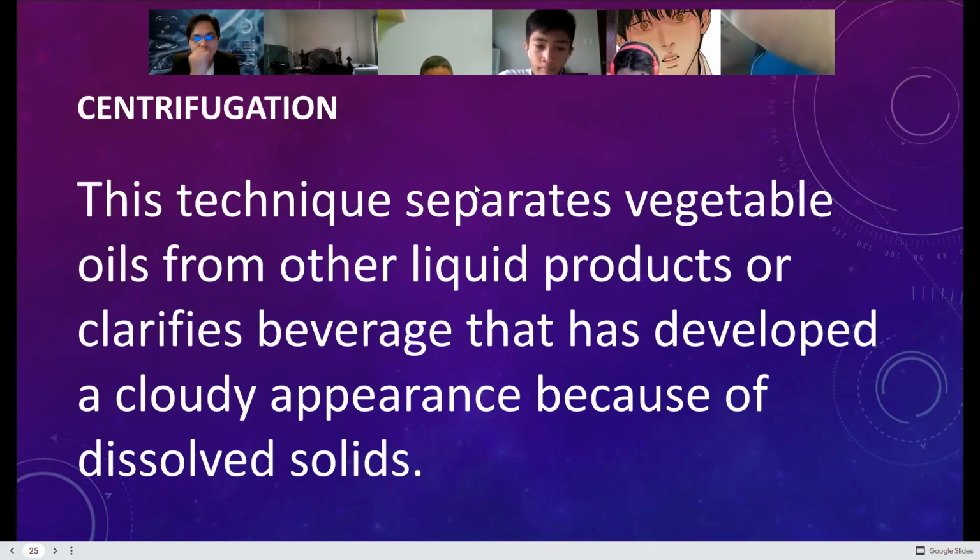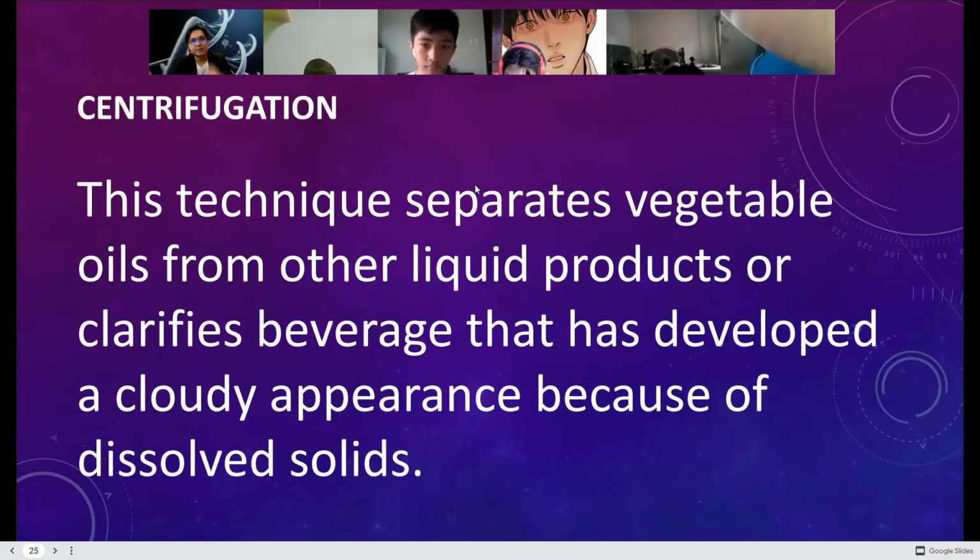For example, if you're going to make your beers, your beers are the product of centrifugation. They usually get the other solutes and separate them from the product itself that is under centrifugation.